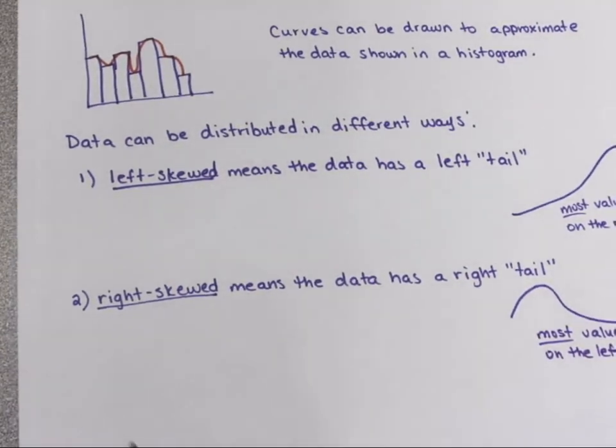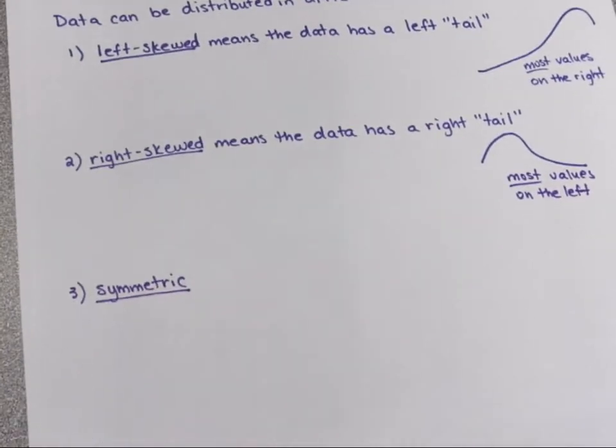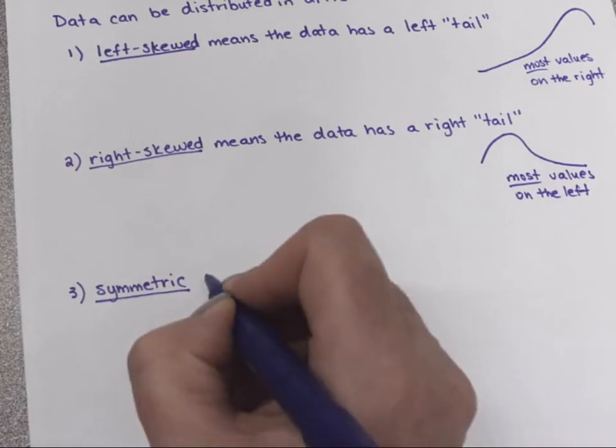But what we're going to spend some time looking at for the rest of the period today is data that looks symmetric or near symmetric, because we can actually make some conclusions about symmetric data that we can't necessarily when it looks skewed one way or the other.